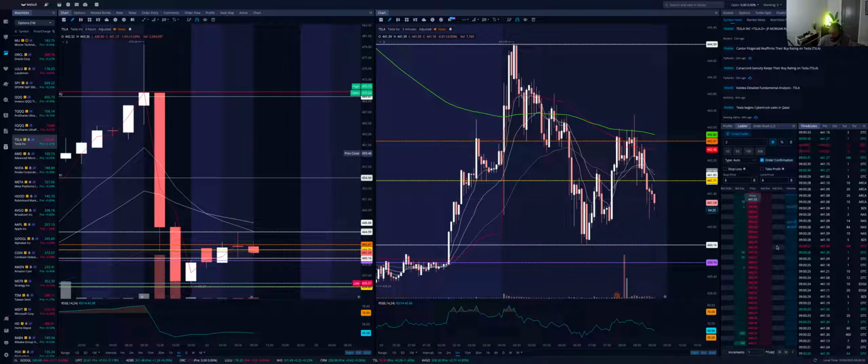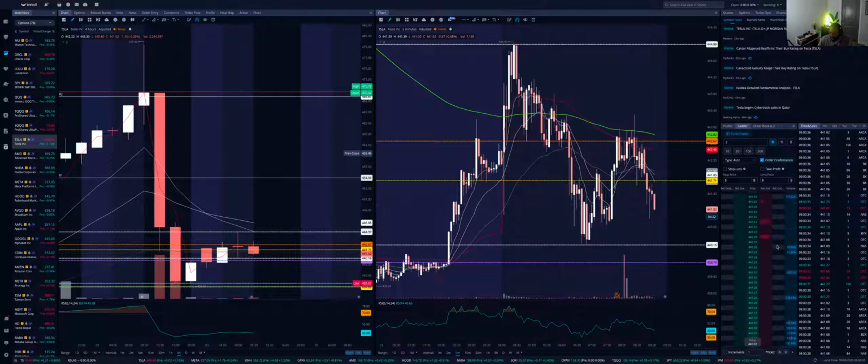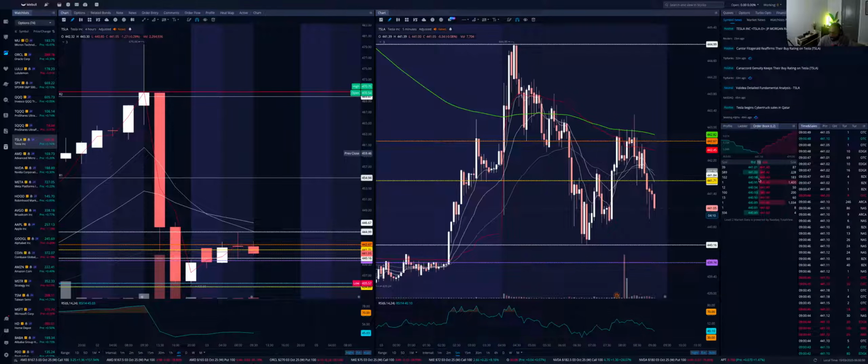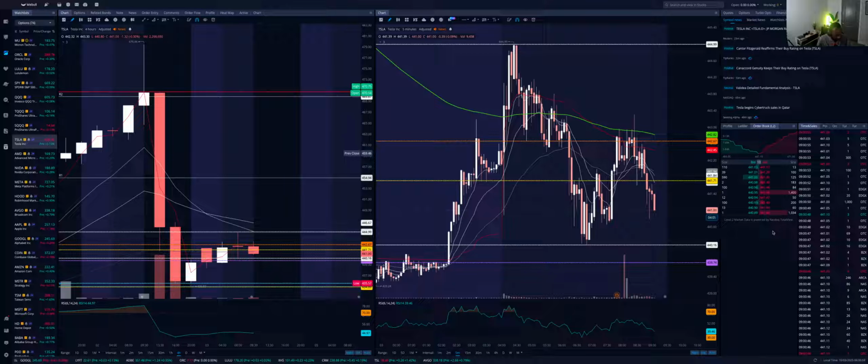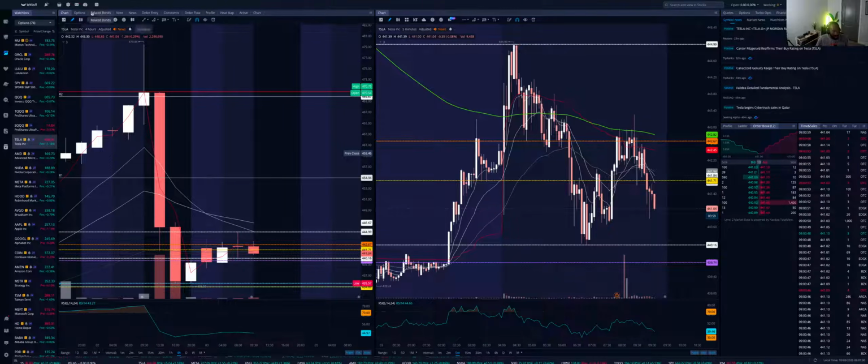We've got 1,400 size, okay, so we've got some size down below. What about some sellers? 1,400, 1,000, 512. Yeah, we've got some more sellers. There's definitely more sellers, but it does not mean that the stock will drop in price. We want to see who's going to win the battle. So we're going to find that out at market open, but Tesla's a good stock to watch today as well.